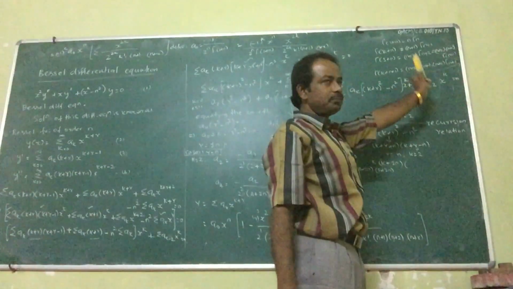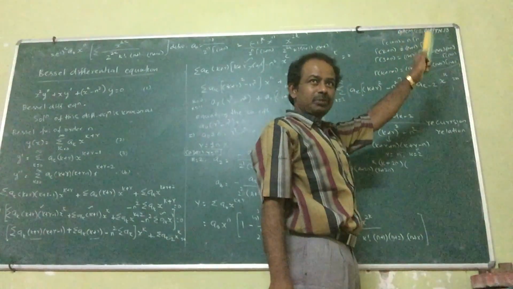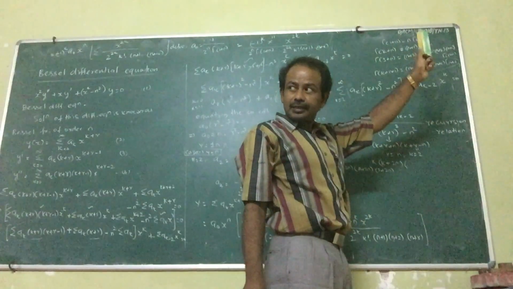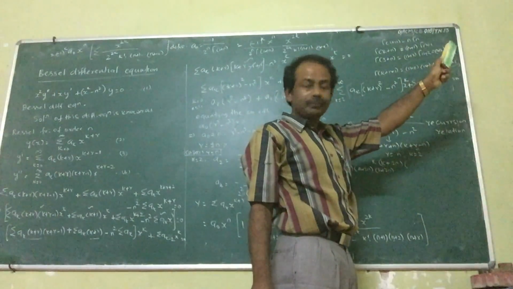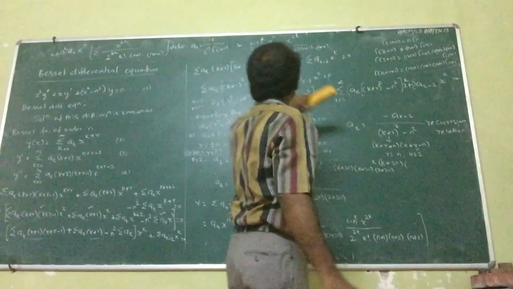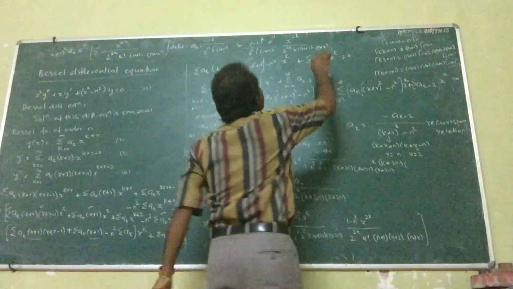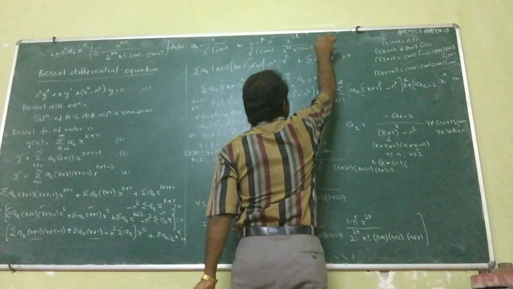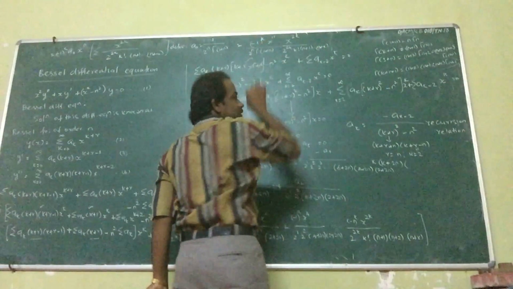So you have to start from n plus k, then n plus k minus 1, dot dot dot, n plus 2, n plus 1, then gamma n plus 1. So look at this equation: n plus 1, n plus 2, n plus k into gamma n plus 1.